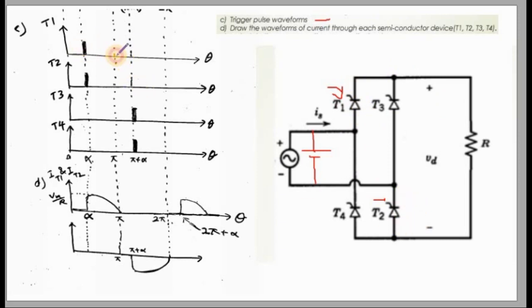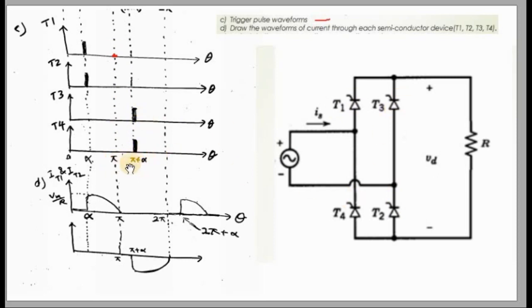So when it comes to phi, what will happen? Applied voltage will come to 0, and in the negative half cycle, these two will be reverse biased and automatically turn off. So from phi to phi plus alpha, you won't turn on T3 and T4.